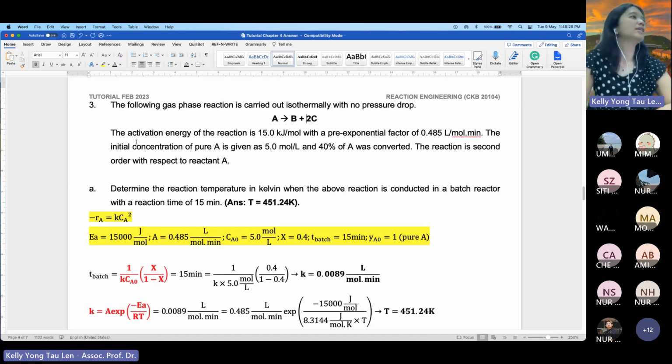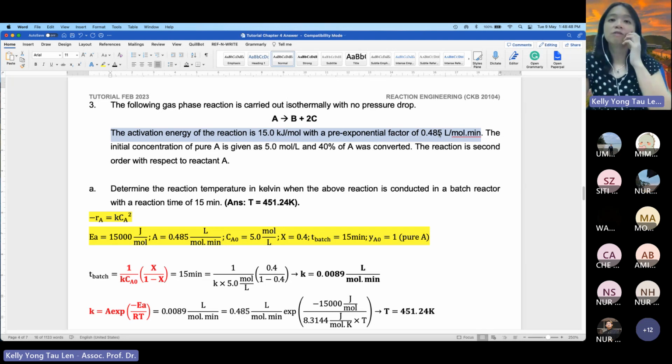They say the activation energy of the reaction is 15 kilojoule per mole with a pre-exponential factor of 0.485. So EA is 15 kilojoule per mole and A is 0.485. That is the information given to us.